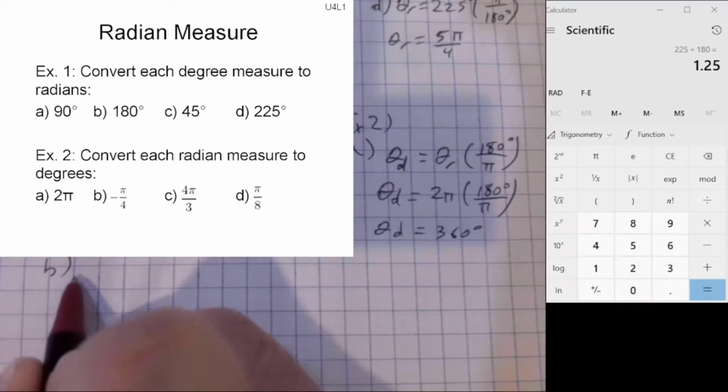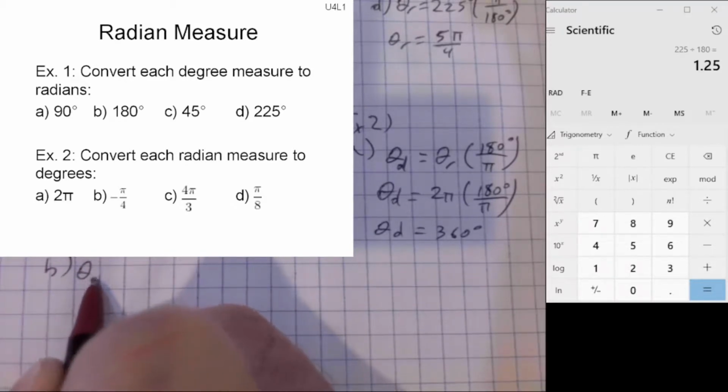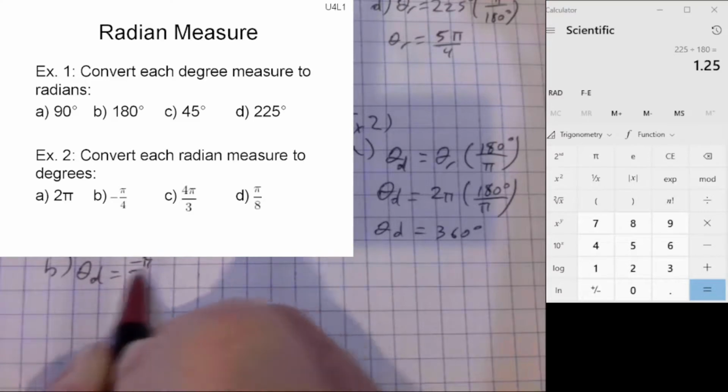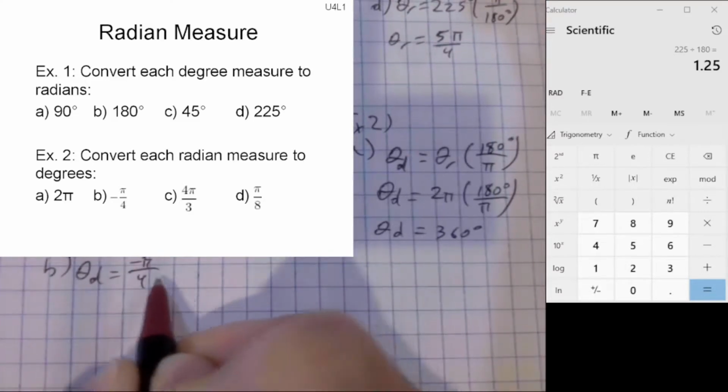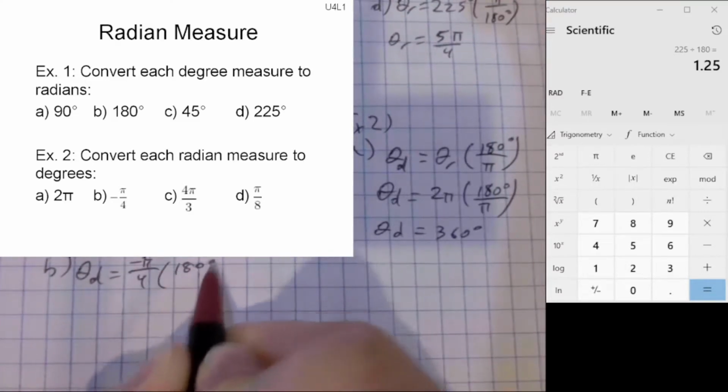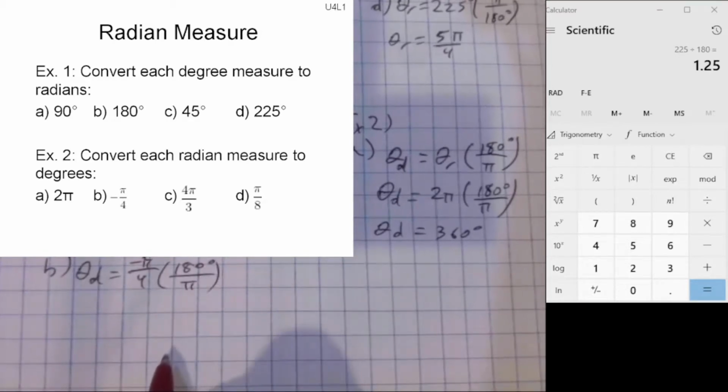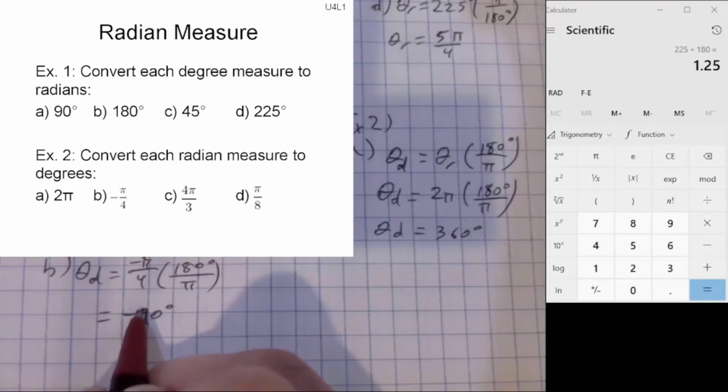For B, our angle is negative pi over 4. We're multiplying again by 180 degrees over pi. So this becomes negative 45 degrees.